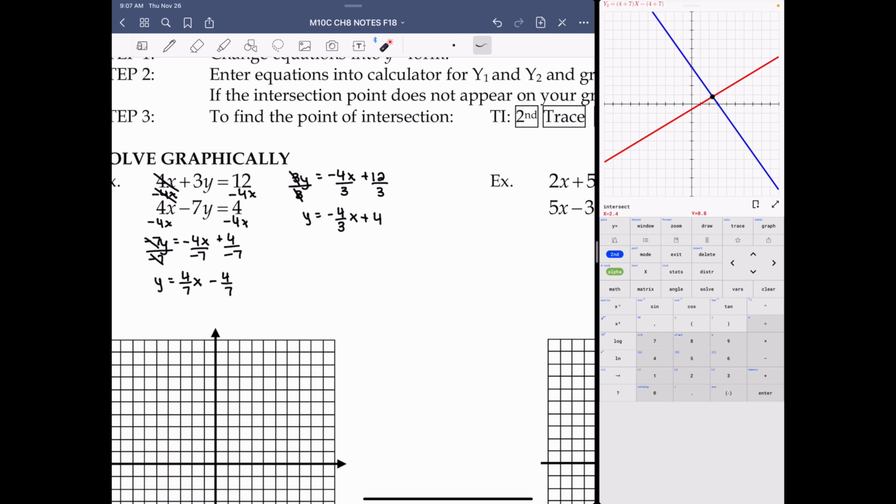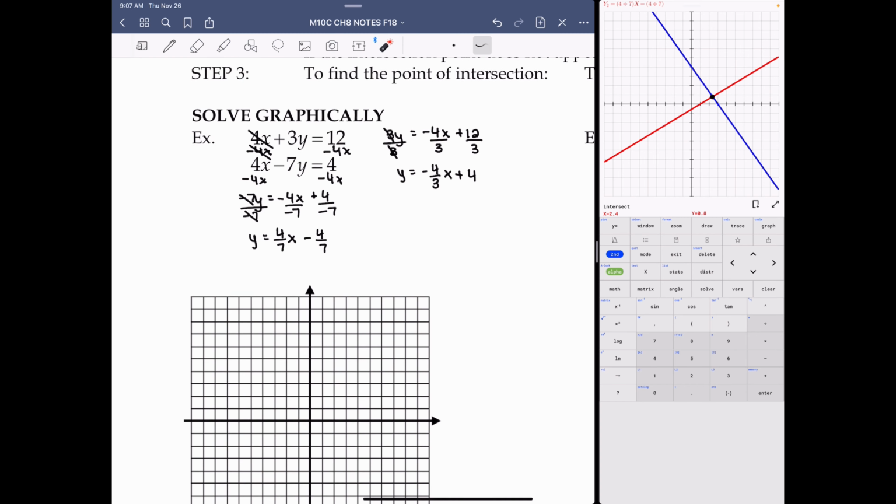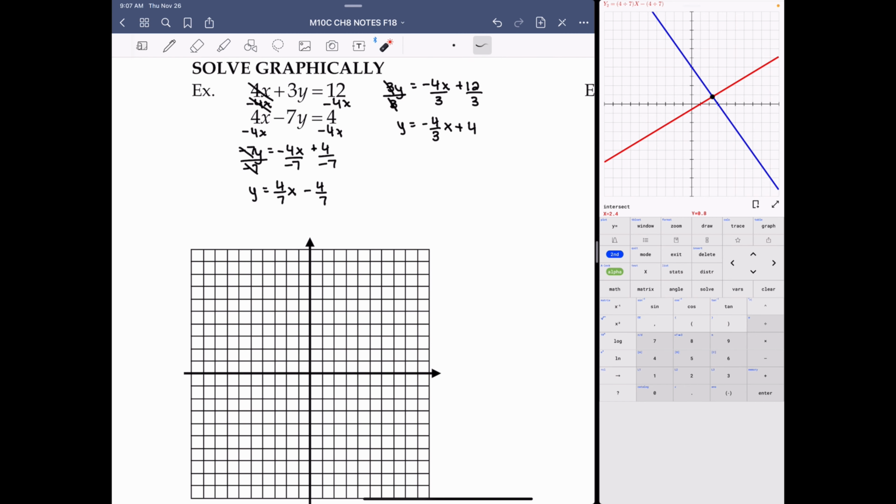So I hit enter and it tells me 2.4 and 0.8. On the Casios, I hit F5 and then intersect should be F5 again. And it just tells me 2.4 and 0.8. So then I need to draw the graphs and show the solution on my grid.